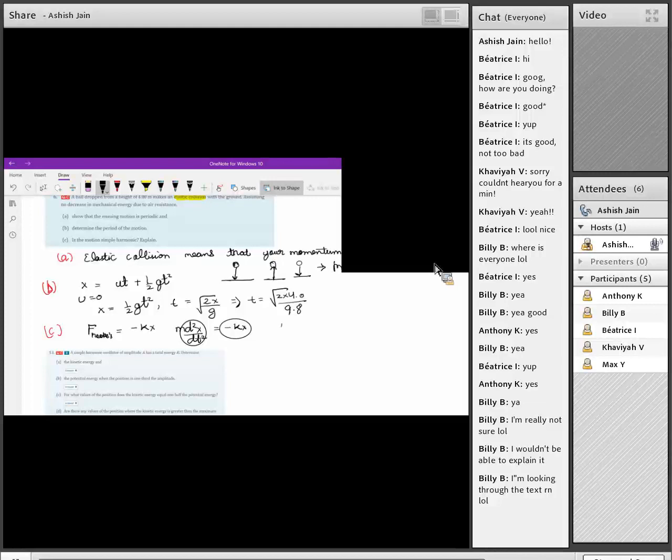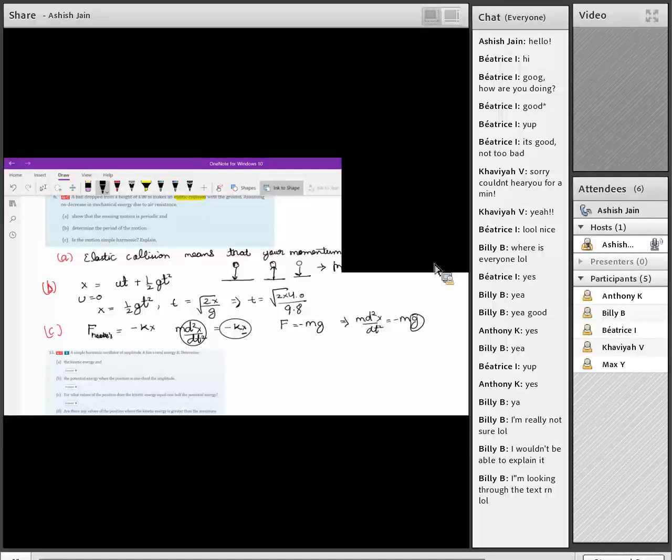But here, the only force you have because of the elastic motion is mg, right? That is m d2x by dt square equals minus mg, and this is a constant, this is a variable.